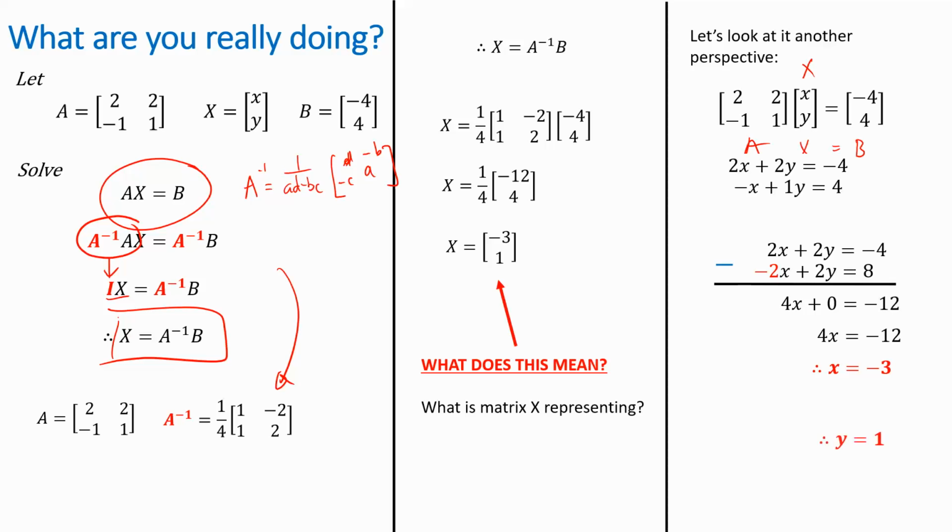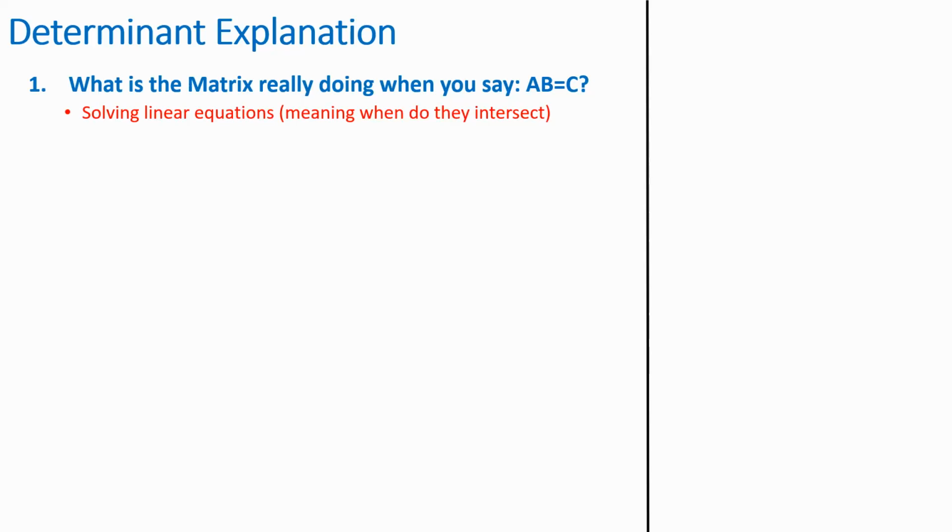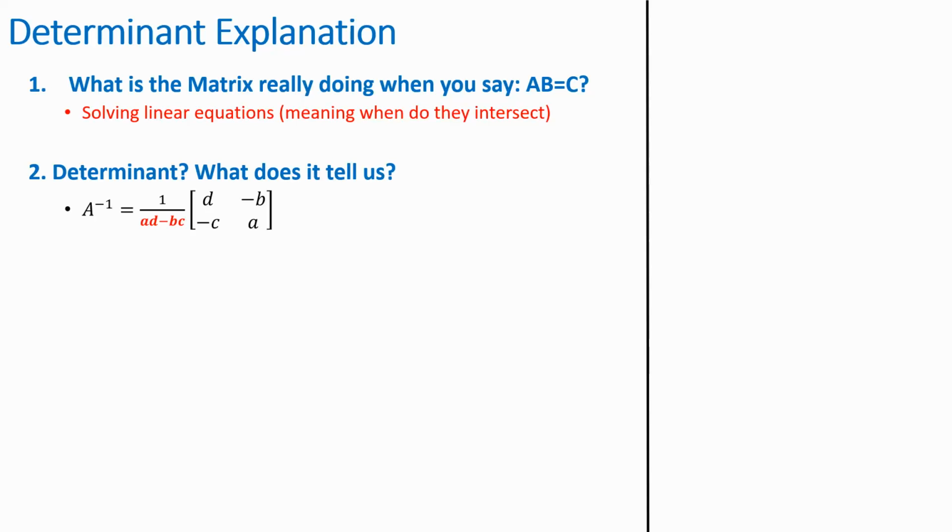All right, here we go. This is what I want you to understand now. This is where it's important. We just found out that when you do matrix A times matrix B equals C, the inverse matrix allows you to solve for the x coordinate or the y coordinate. It just tells you the point of intersection.